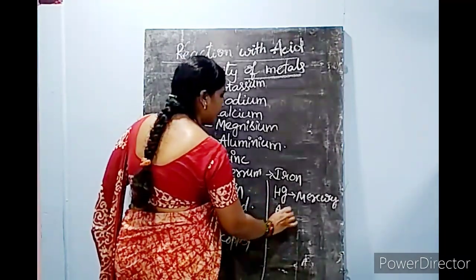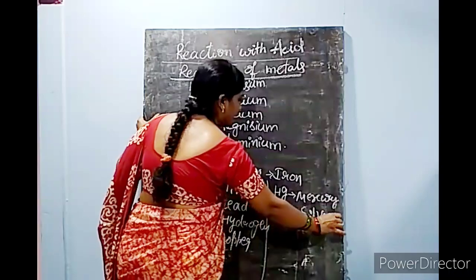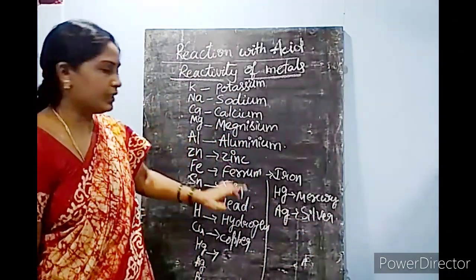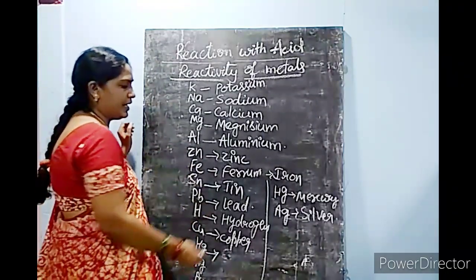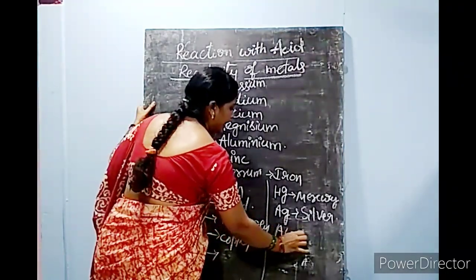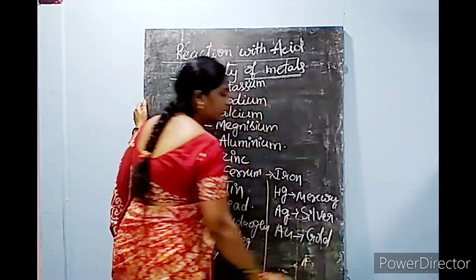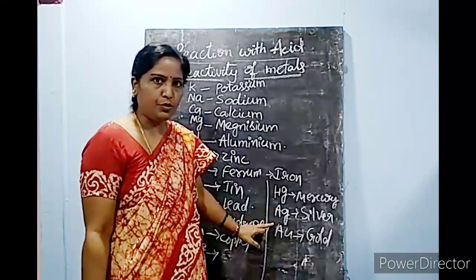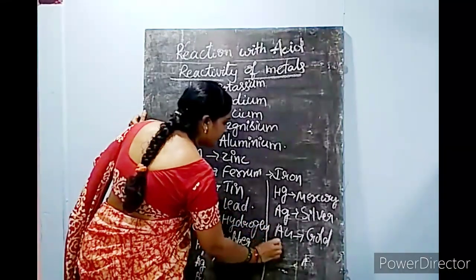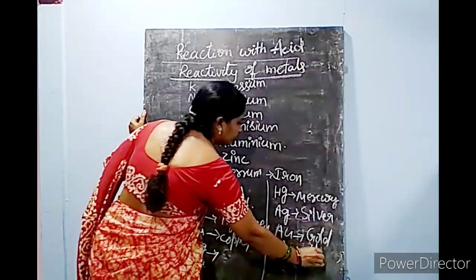And next one is Ag, which means silver. The Latin name of silver is argentum, that's why the symbol is Ag. And Au means gold. The symbol of gold is Au. And the last one, Pt, is platinum.